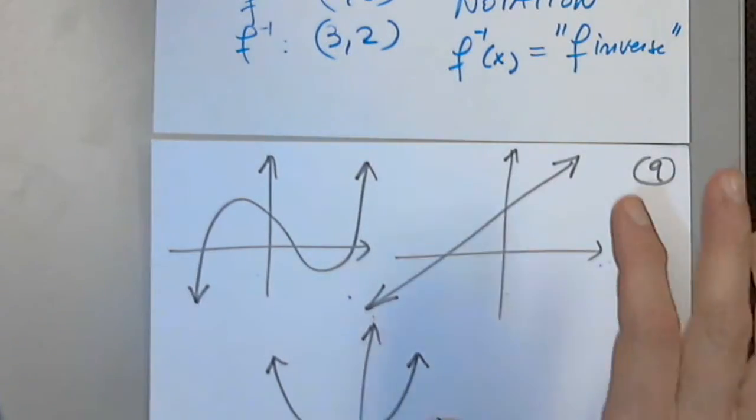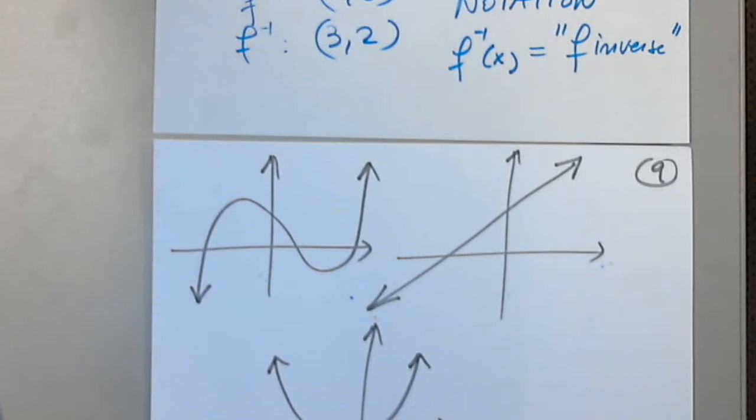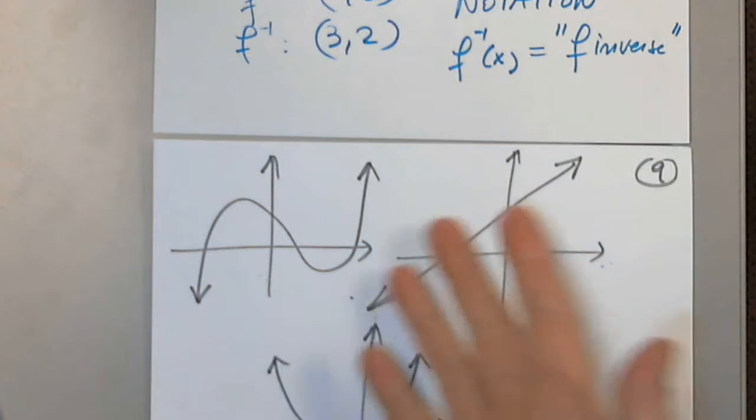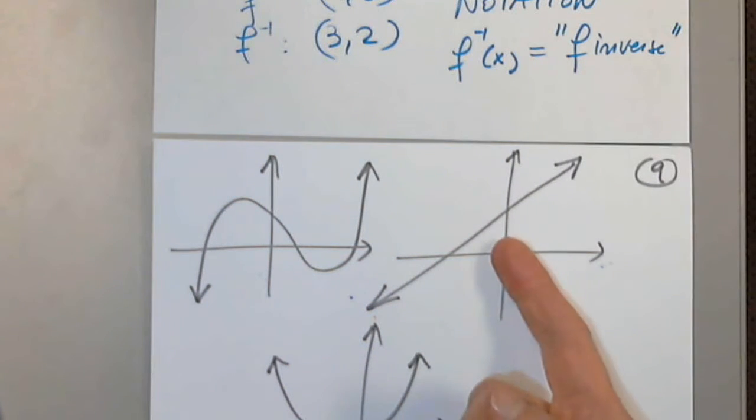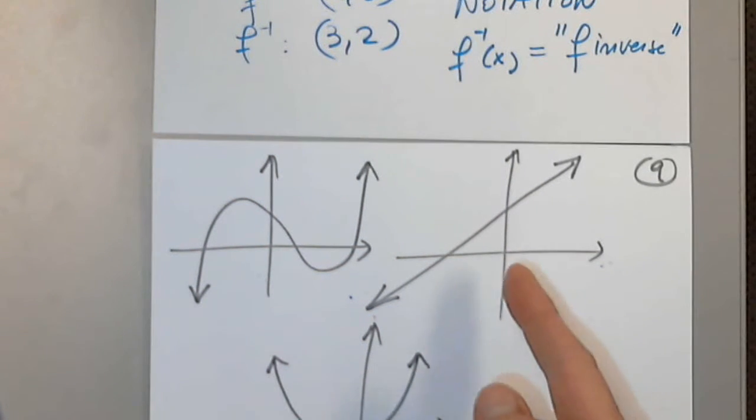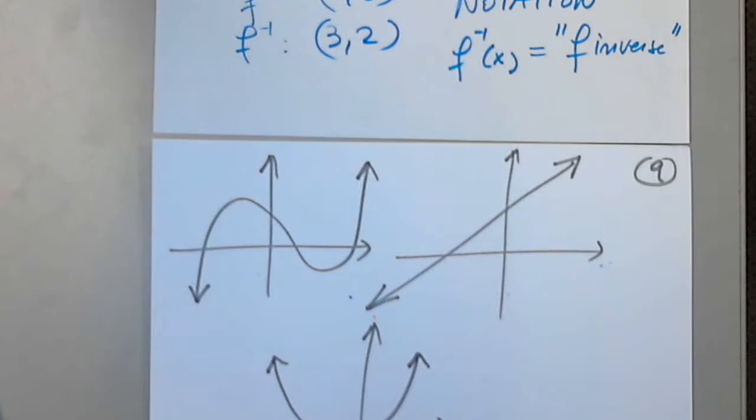So let's start with these two. Remember, are these all functions, by the way? By the vertical line test, all of them are functions. Perfect. Now I want to find or establish whether this one is one-to-one. Remember the idea. To each y, there is only one x.